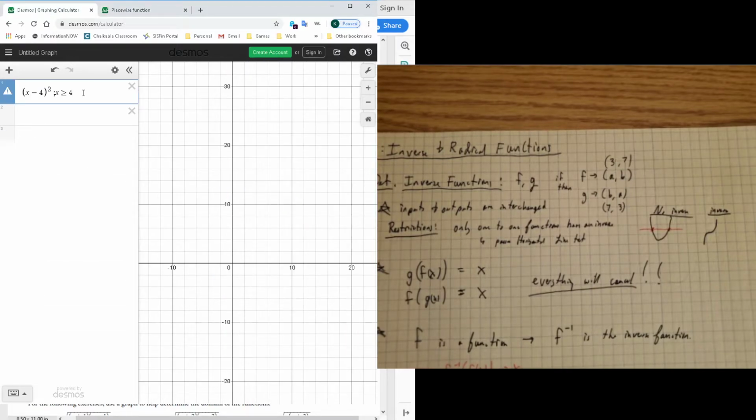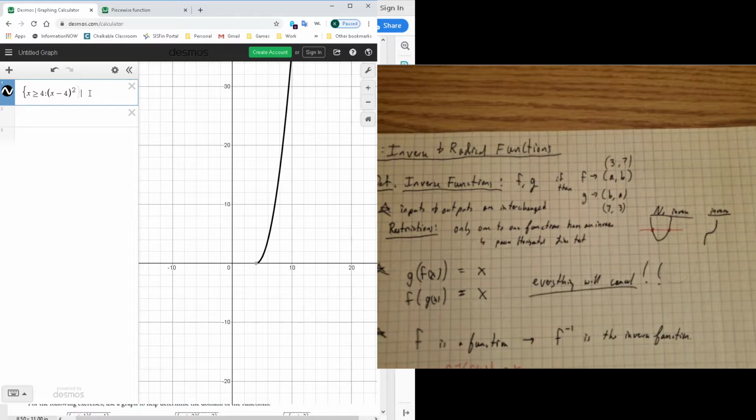So I'm going to do that. It says the boundary first, and it says do a colon, and then I got to put it in curly braces. Nope, not square braces, curly braces. There it is.